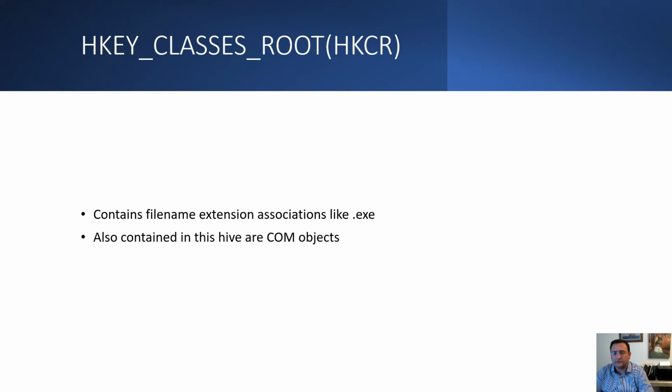This is a feature of the Microsoft operating system. COM is actually the foundation technology for Microsoft OLE, Compound Document, and ActiveX. It's a very useful object, and you can find the information about the COM objects in HKEY_CLASSES_ROOT.